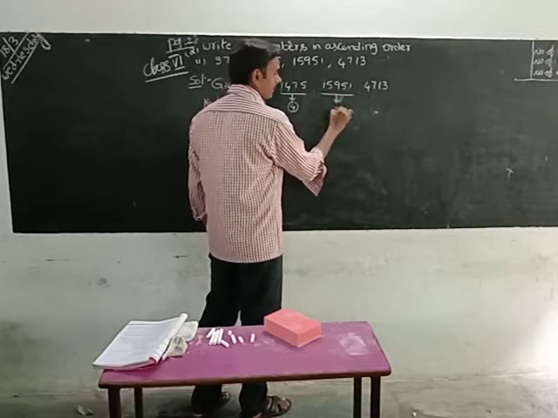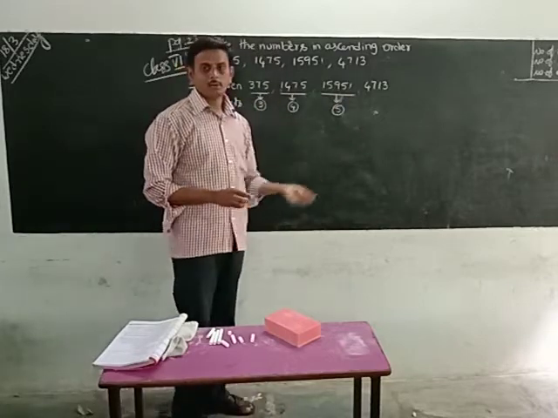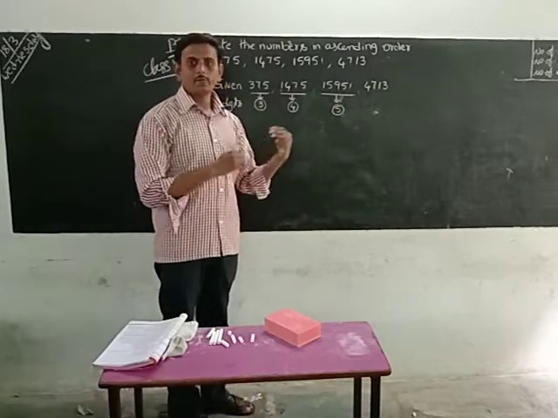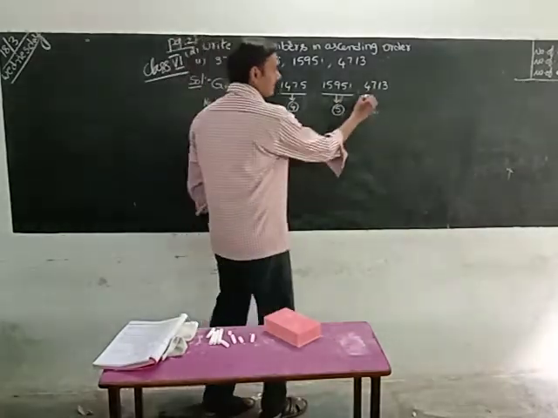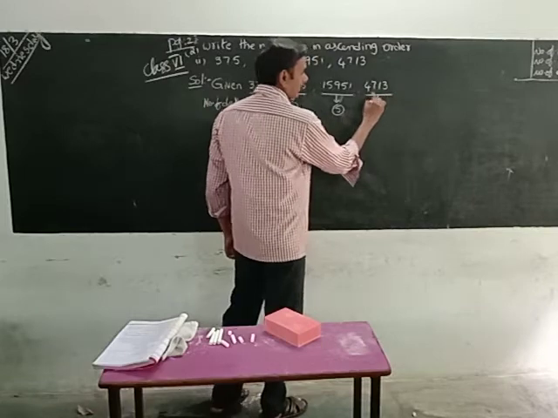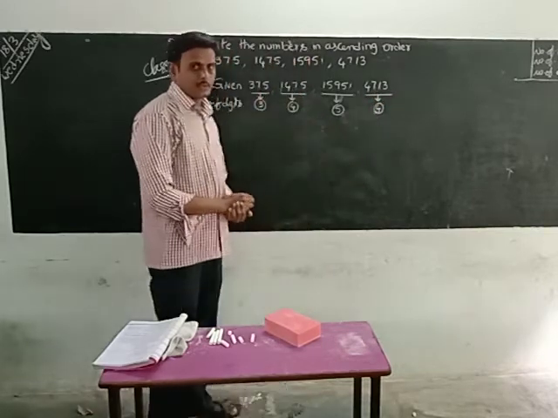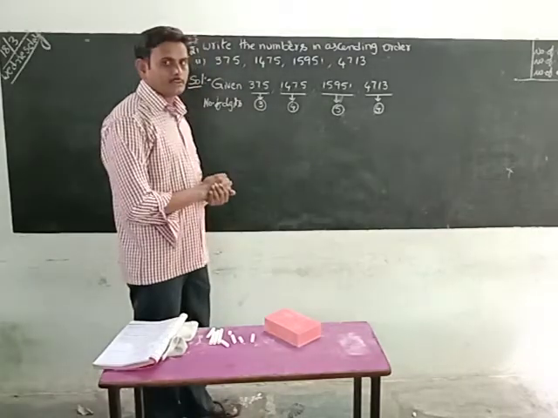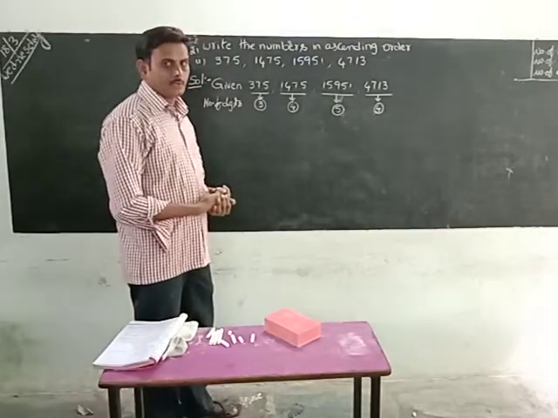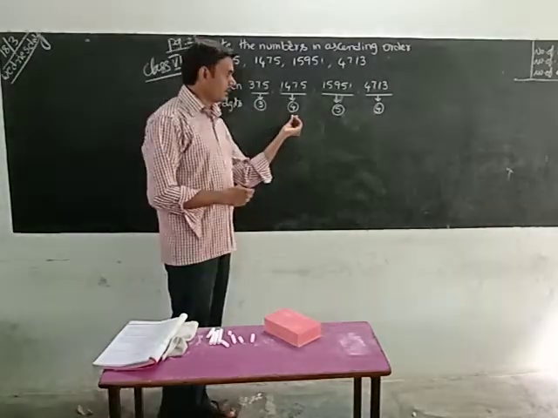5 digits are there. Whenever numbers are separated with commas, those are individual, different numbers. In this number, how many digits are there? 1, 2, 3, 4. 4 digits. Now, the number having the least number of digits is the smaller number. 3 digits, 4 digits, 5 digits.